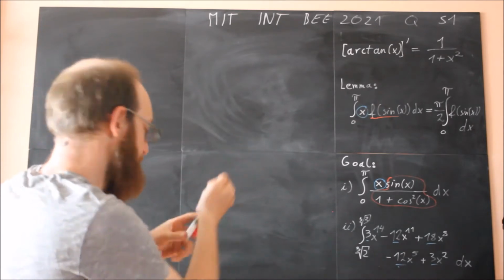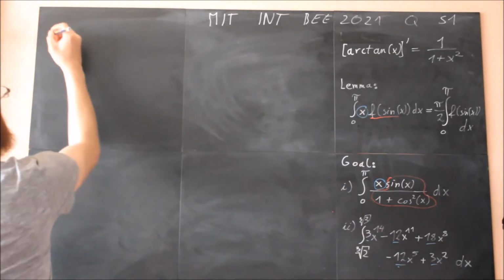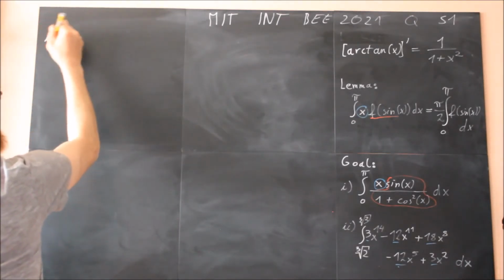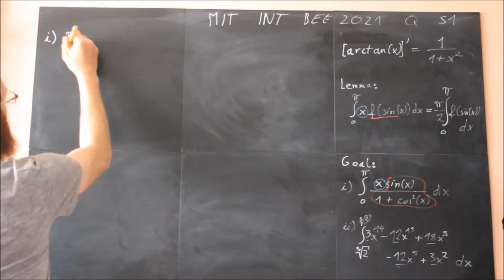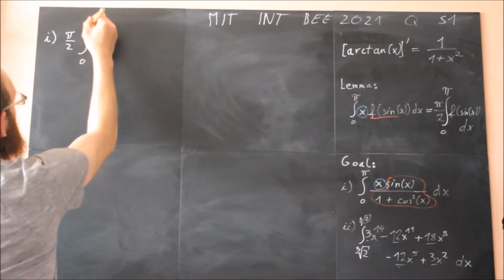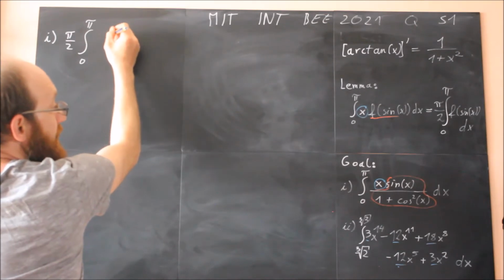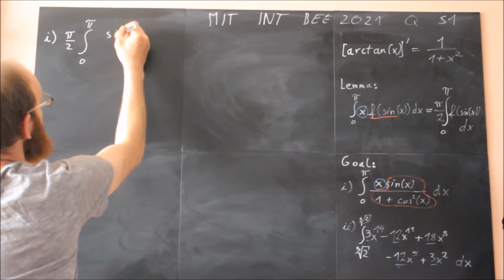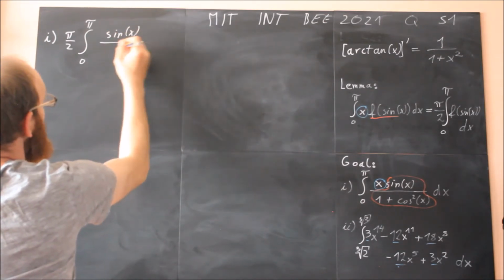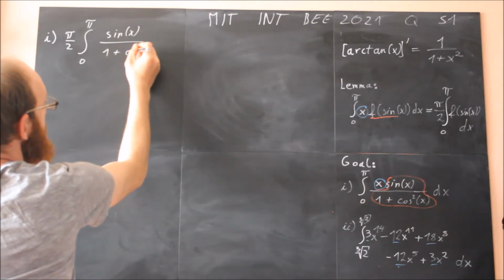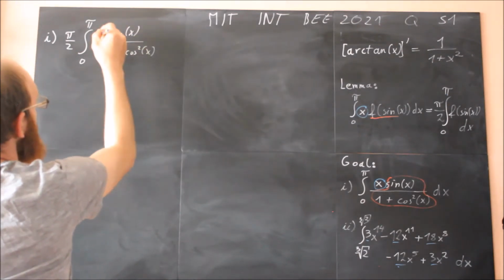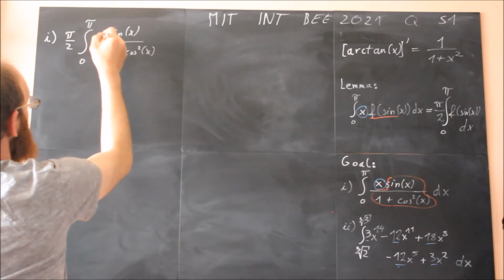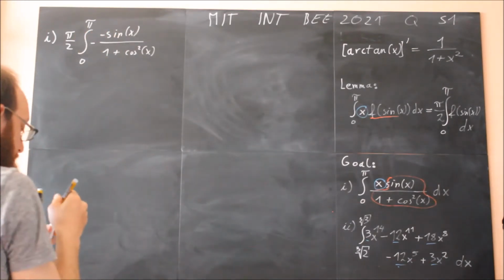And so we can rewrite the first integral as pi over 2 integral 0 to pi sine x over 1 plus cosine squared of x, and I put a minus here and a minus here.